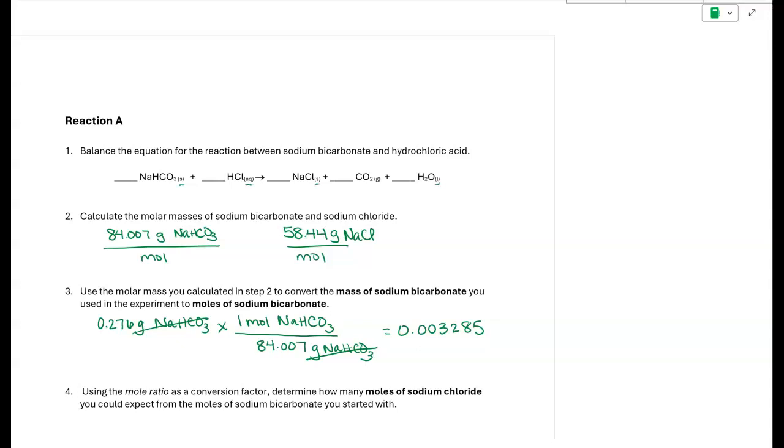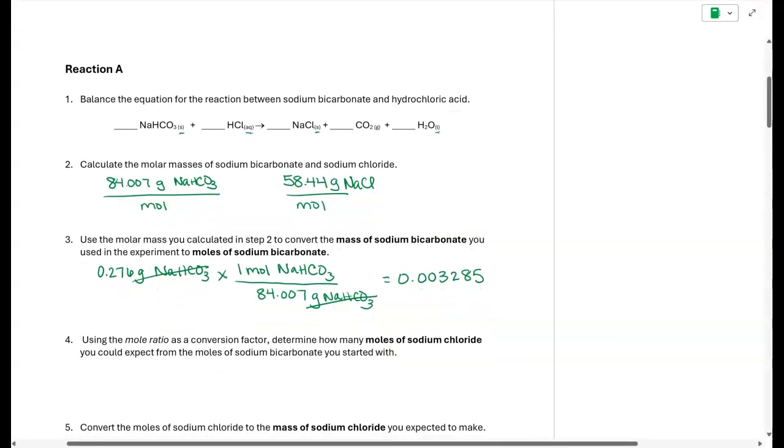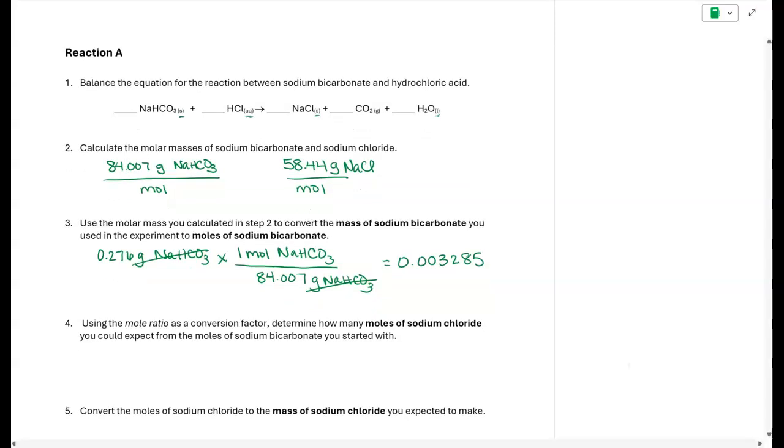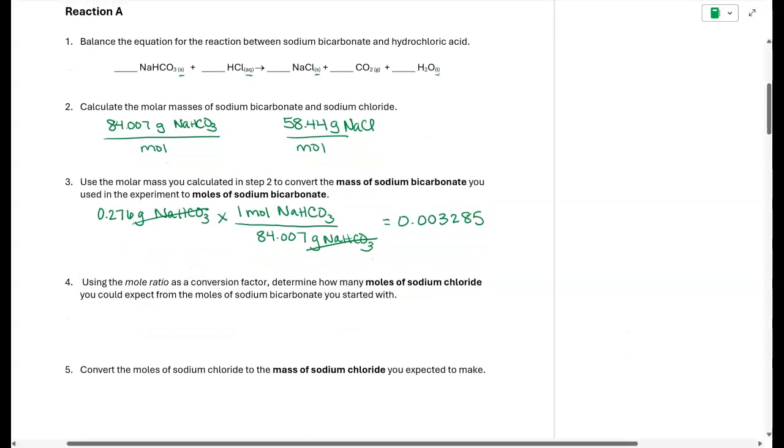All right, so then I look at my balanced equation, and in my balanced equation, I see that for every 1 mole of sodium bicarbonate I should get 1 mole of sodium chloride. And so we don't always need to set up this ratio if it's a 1-to-1, but I'm going to write it out so that you can see this.